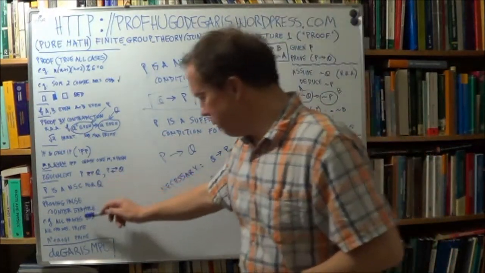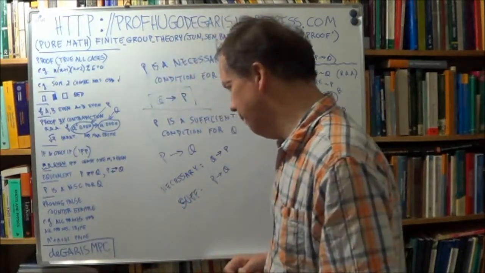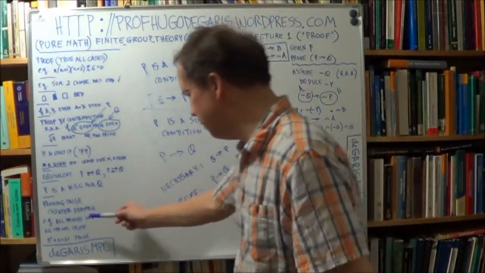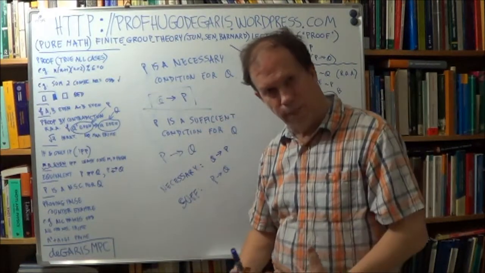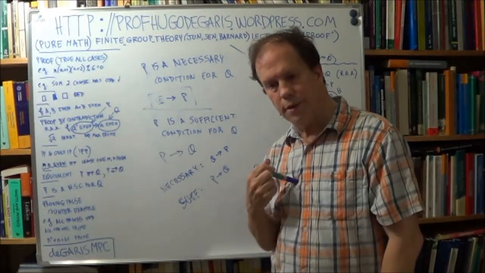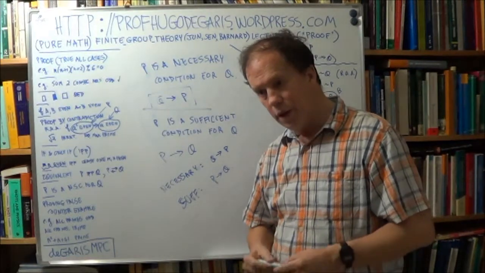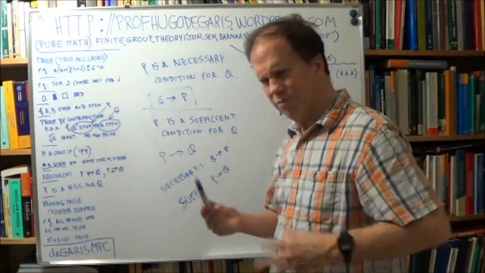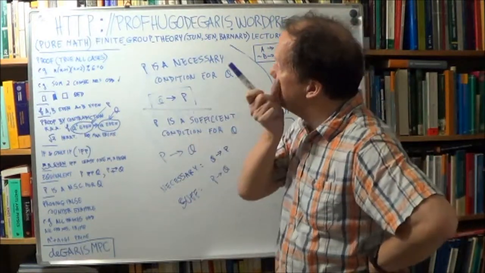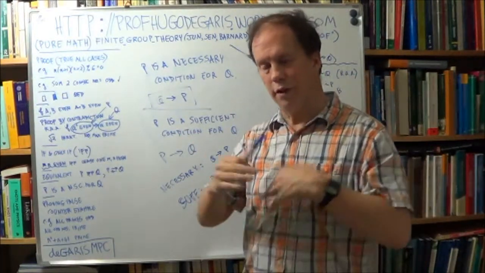Right, now I've mentioned this a little bit before, and I'll finish off here with just a few examples. How do you disprove something? How do you show that something is not the case? Well, it's usually easier than a normal proof.